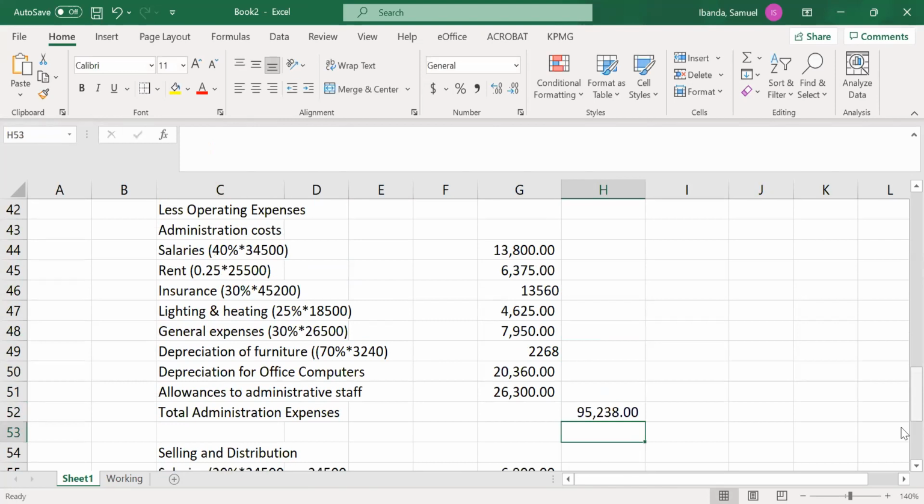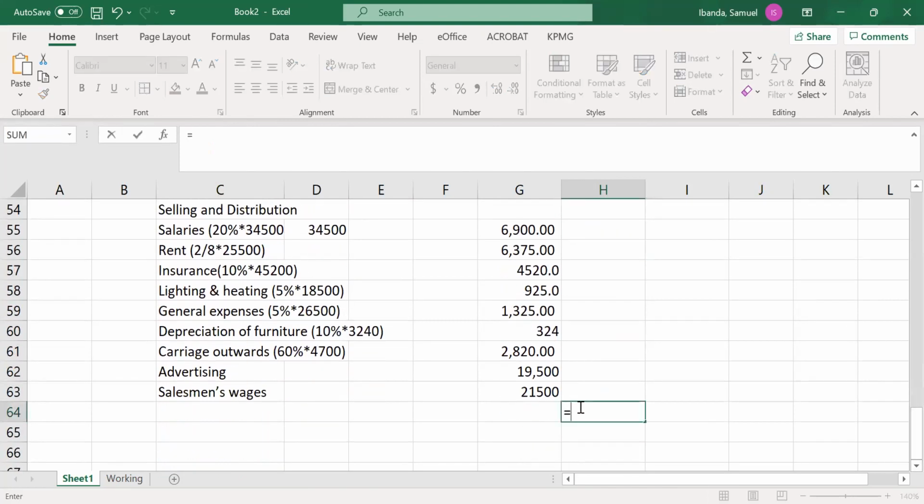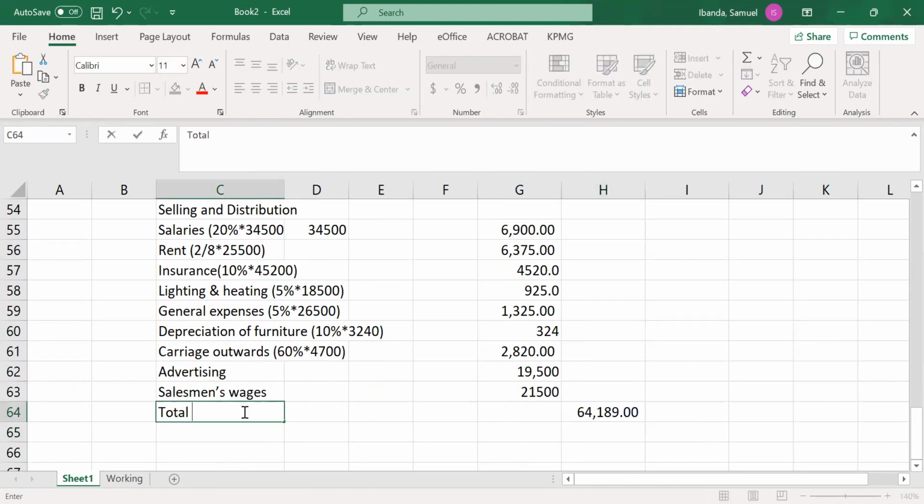Which is that. And then here is total selling and distribution. Selling and distribution is that.